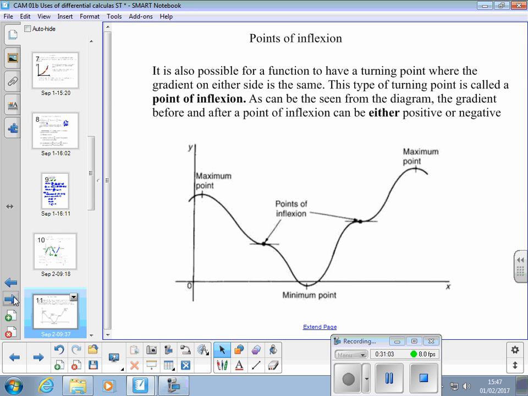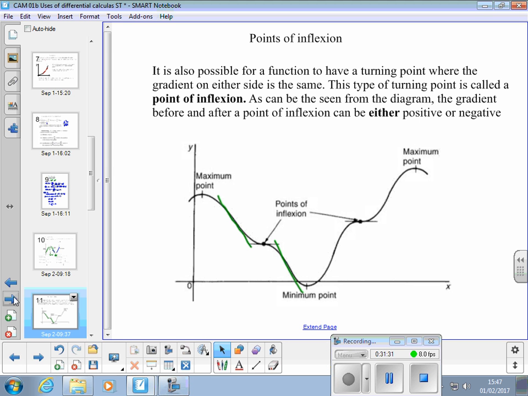There's a further type of interest we have. It's a point of inflection. There are 2 points of inflection on this graph. We're going from a negative slope, a point where the slope is 0, and the slope is negative again.